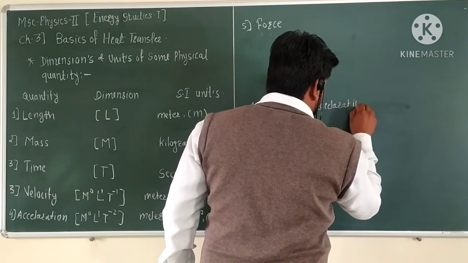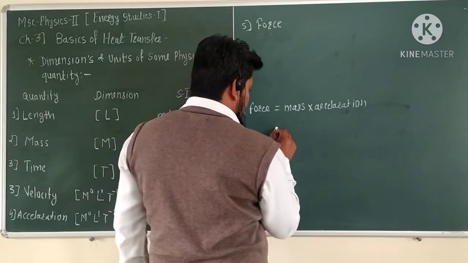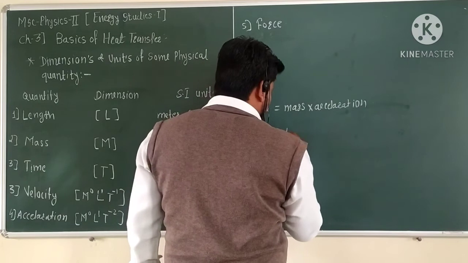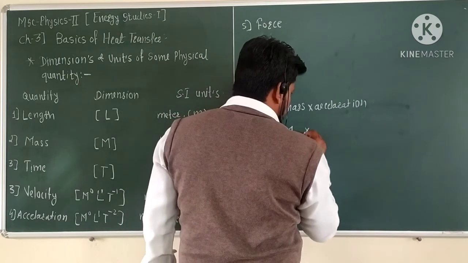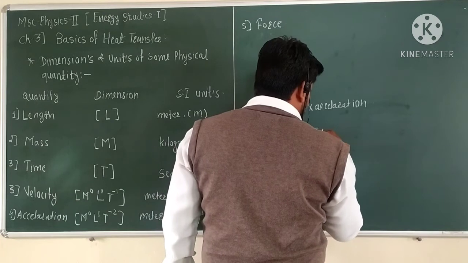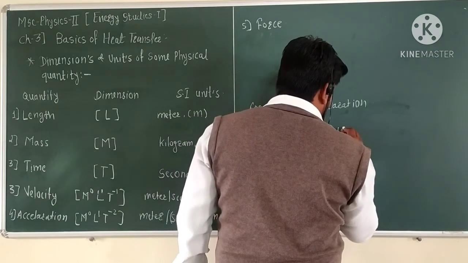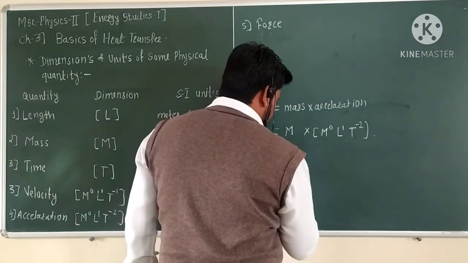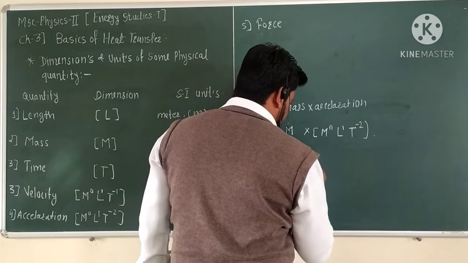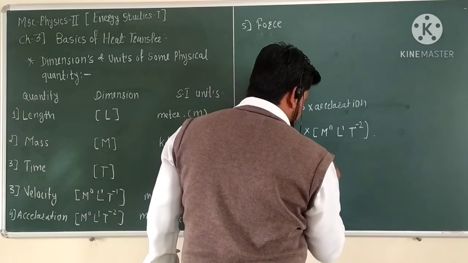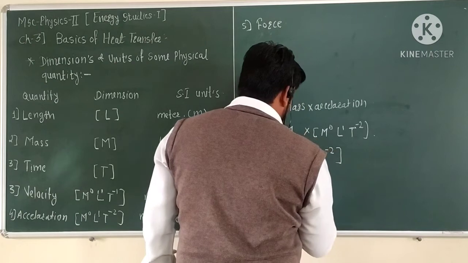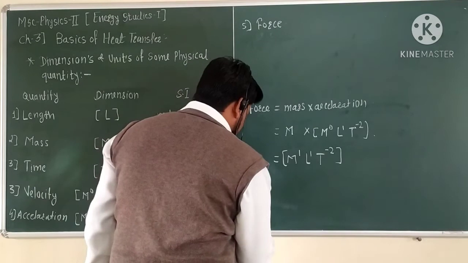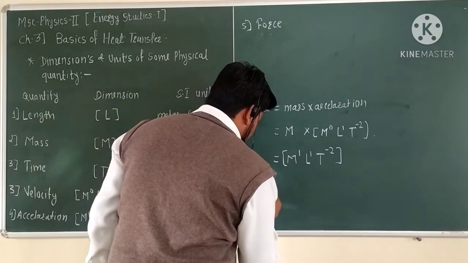If we want to calculate the dimension, the mass dimension is M and the acceleration dimension is M power 0, L power 1, T power minus 2. So the force dimension is M power 1, L power 1 and T power minus 2.